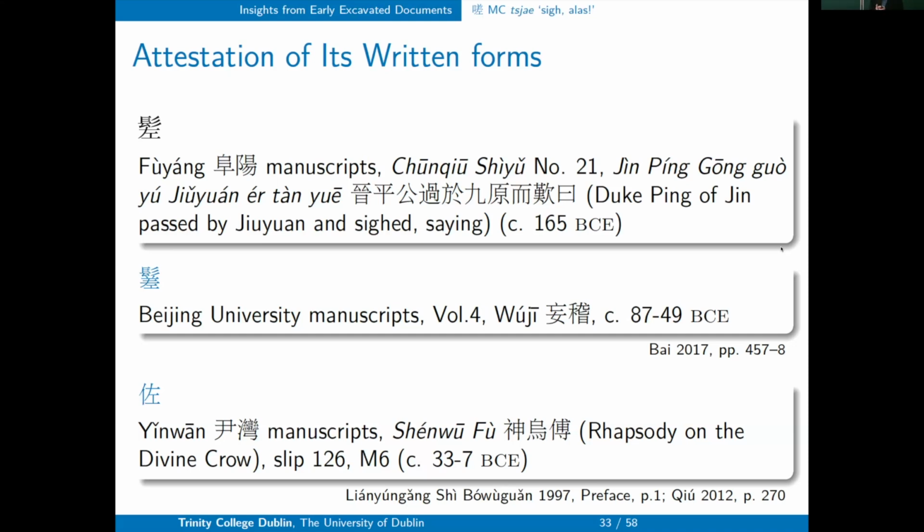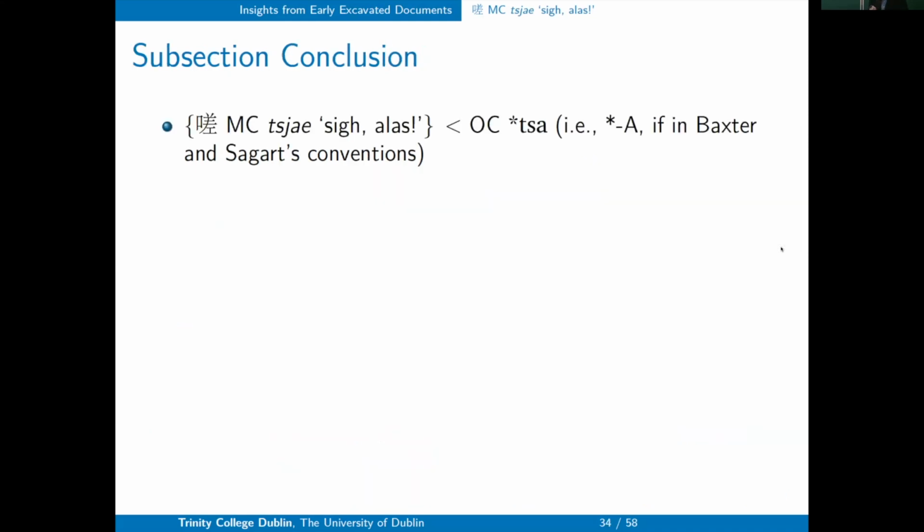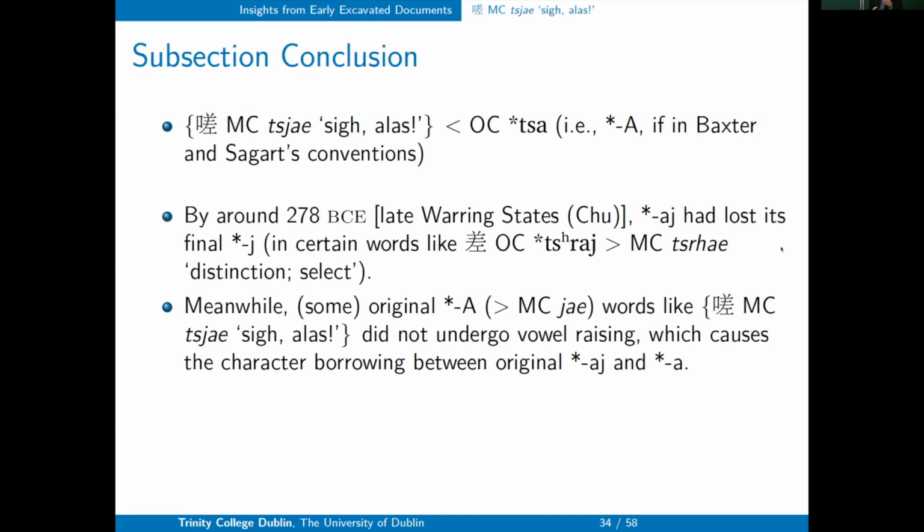So from all of this information, first let's conclude the reconstruction of the word. It should belong to the Old Chinese Aram group, and in the Warring States Chu manuscripts through Western Han manuscripts, this word was written with an Old Chinese R phonetic.